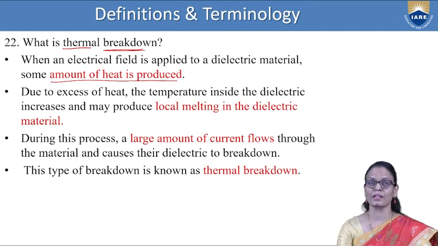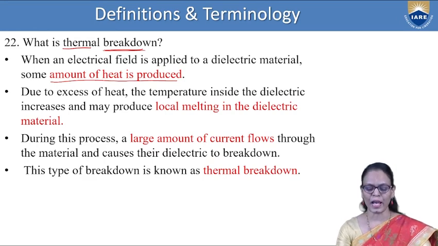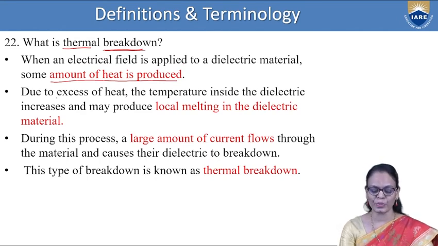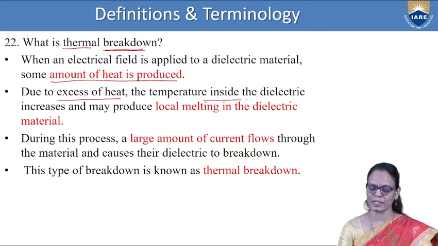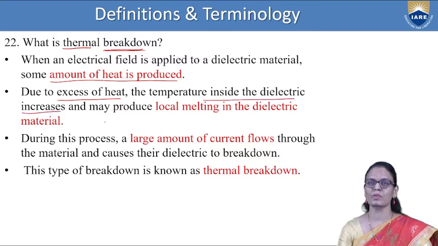Now, what we are considering here is that when an electric field is applied to a dielectric material, some amount of heat is produced. And as you apply the field or increase the field strength, due to excess of heat, the temperature inside the dielectric increases and it may produce local melting in the dielectric material.